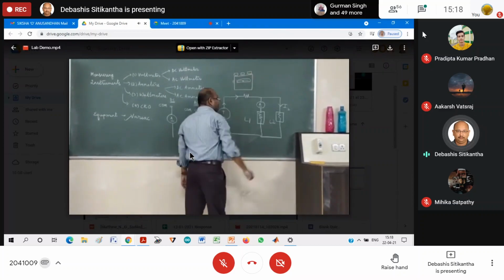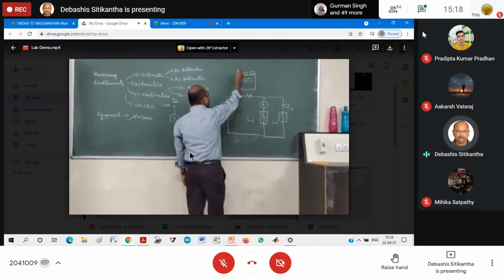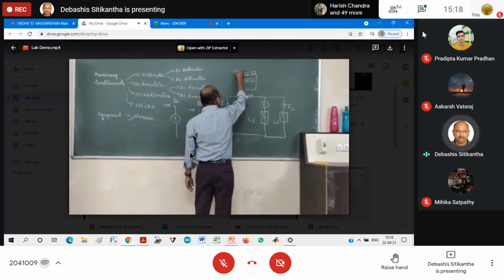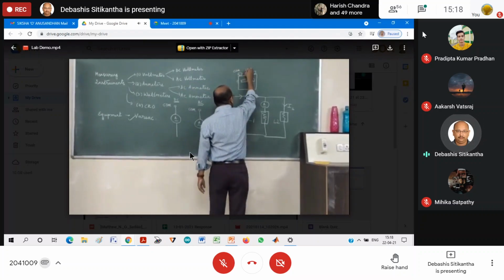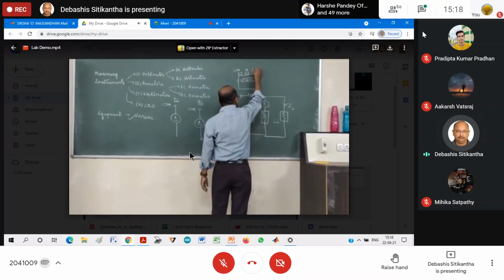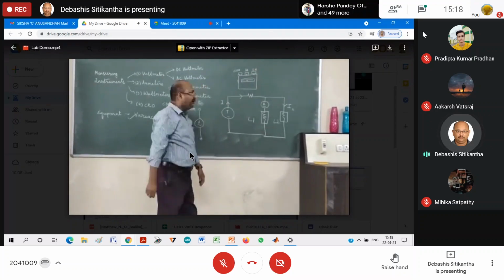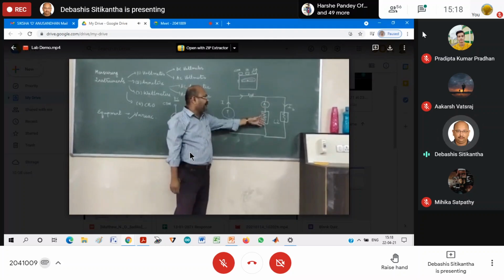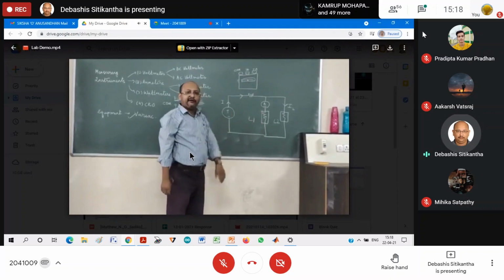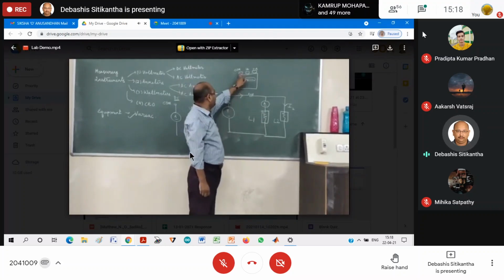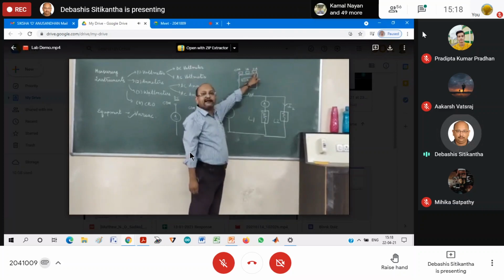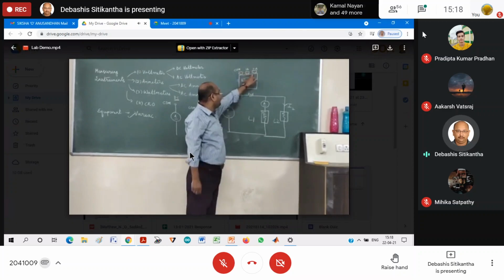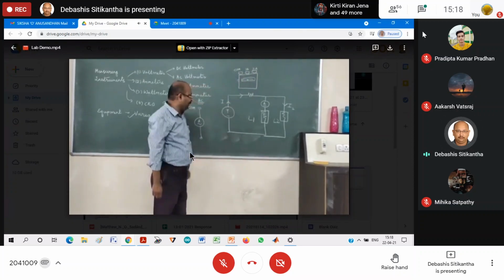So we have different ranges of the ammeter. Suppose the second one is 1 amp and the next one is 5 amps. I don't know the current being drawn by this load, so it is always advisable to connect it to the highest rating available, and over here that is 5 ampere. So we connect it to 0 and 5 ampere.